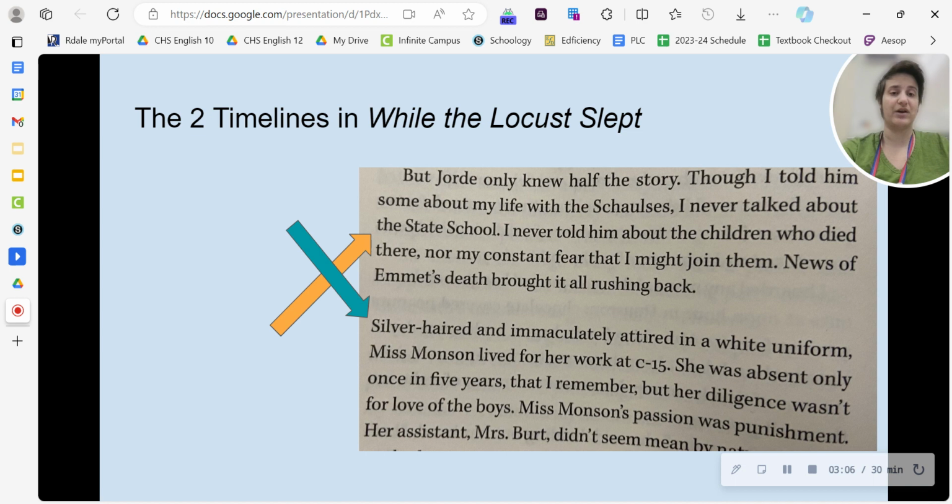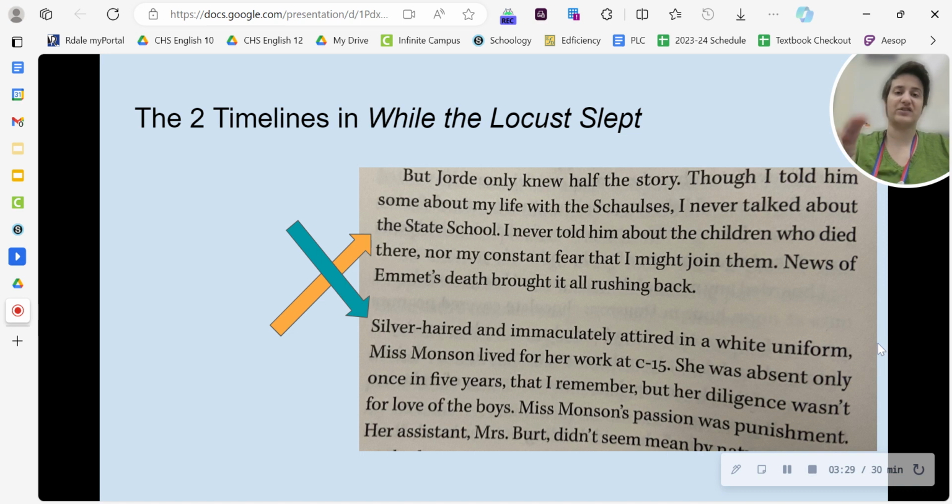Here's an example from chapter 3. When Peter is talking with Geordie, a new friend that he's met while at the Schollses, he's talking in one timeline. But then he has a flashback. News of Emmett's death brought it all rushing back, and he jumps back to when he was much younger, living in the state school.